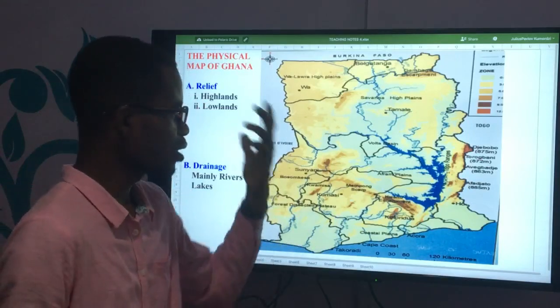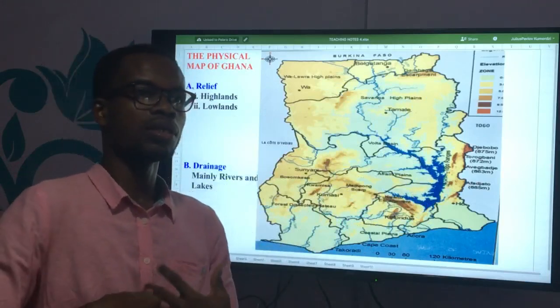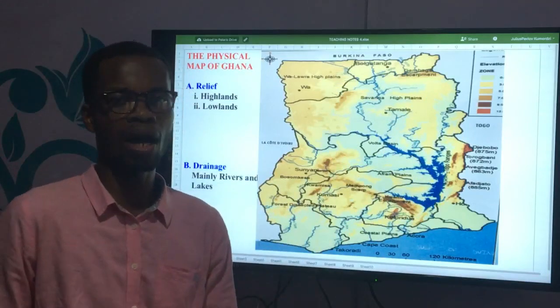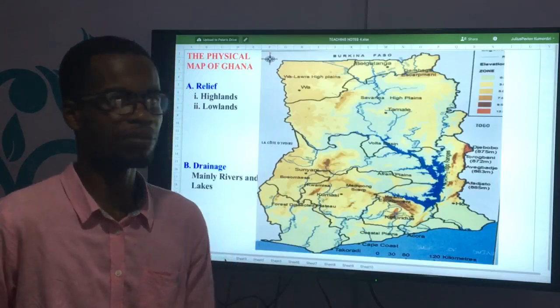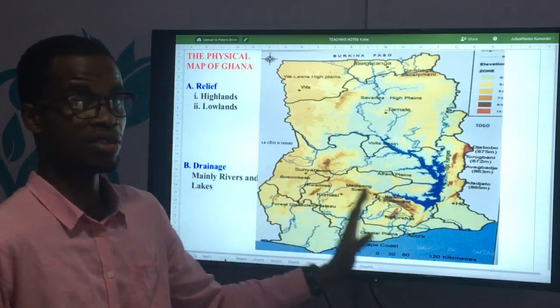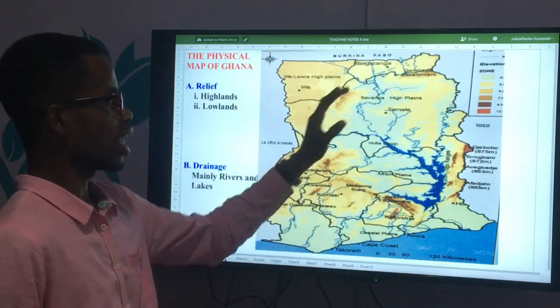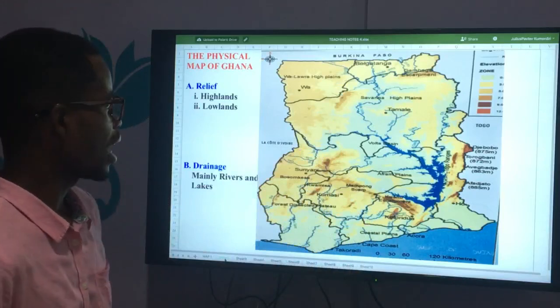Lines in the blue color you see. And then the highlands and the lowlands, mostly they use brown colors to represent them. So where you see the blue, you know there is a water body, a river or a lake there. And where we have the brown, look at the highlands and the lowlands.